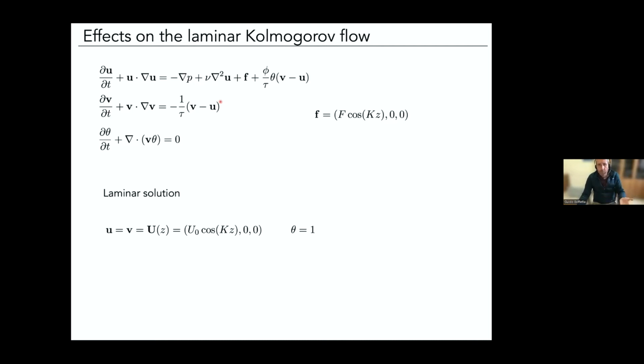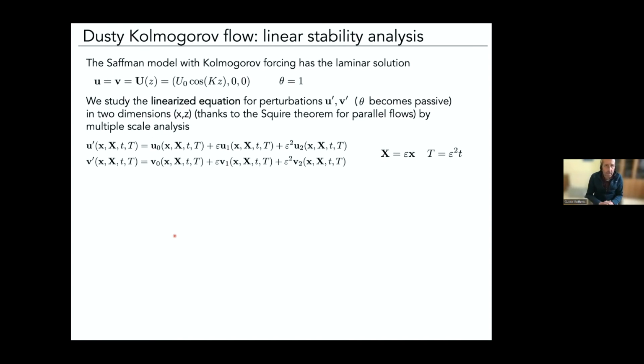So we perturb this laminar solution. We use the standard machinery of multiple scale analysis to study the linear stability of this problem. So we study the linearized equation for the perturbation, and at the linear level, the density field becomes a passive scalar, so you can neglect it in the analysis. You have just the two velocity fields, the fluid and the particle velocity.